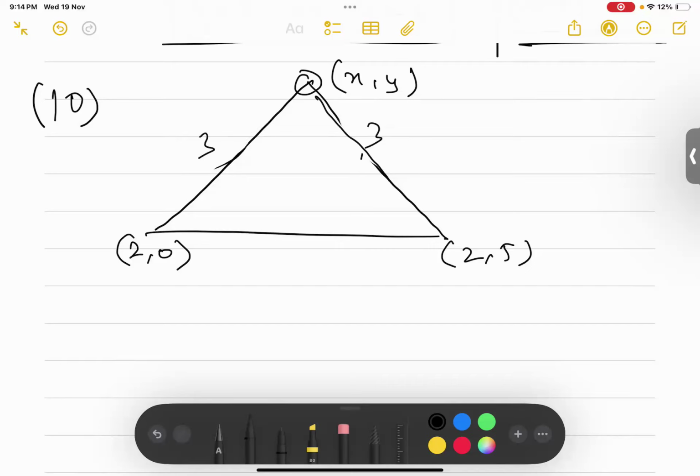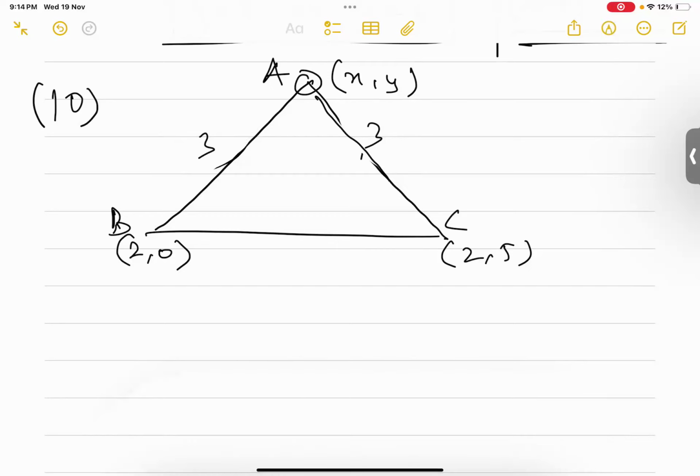So this is 3 and this is 3, right? Now let these be A, B, and C. Now AB is equal to 3.